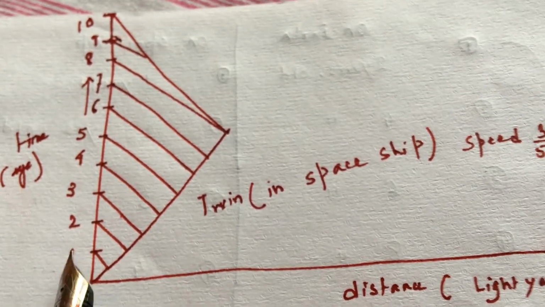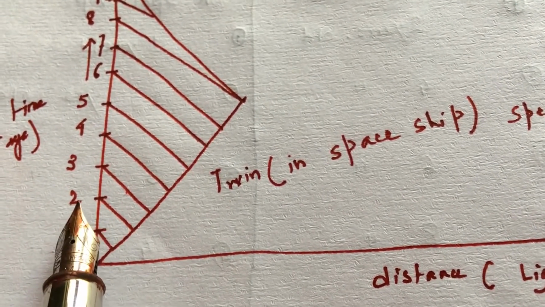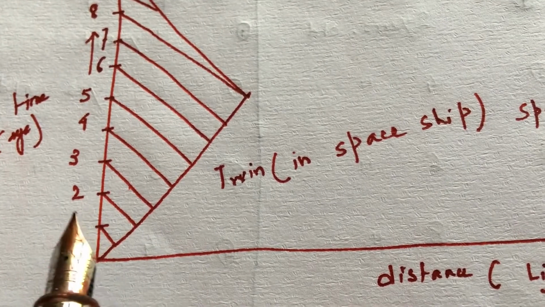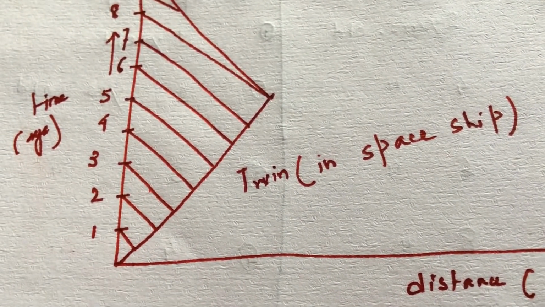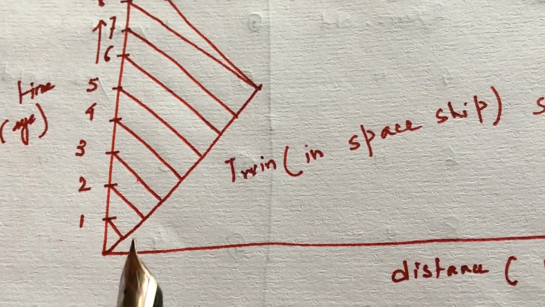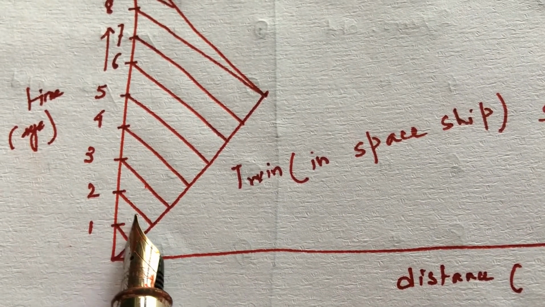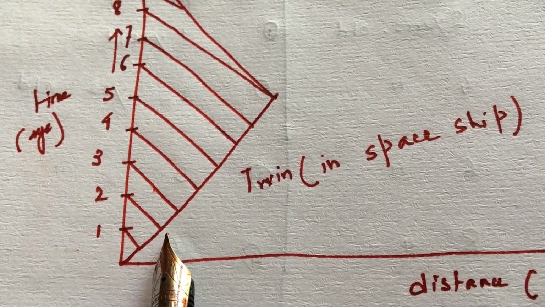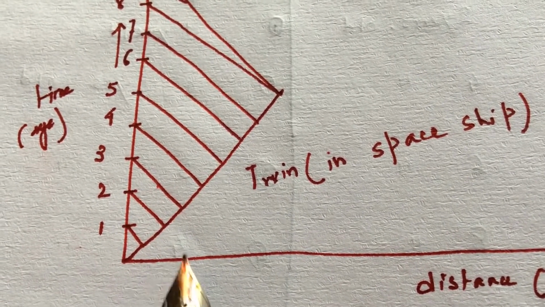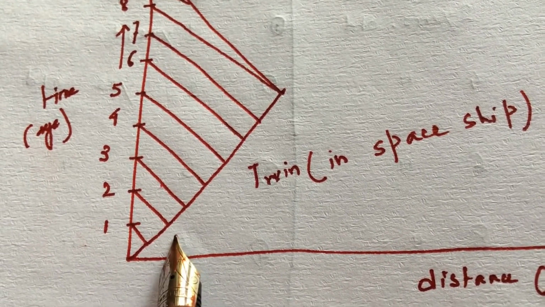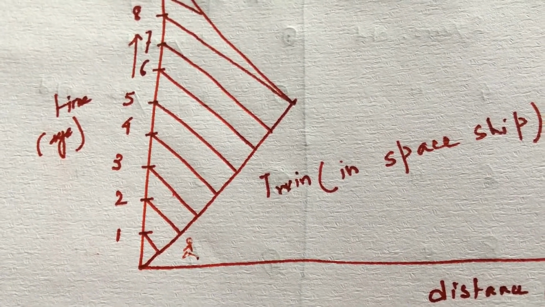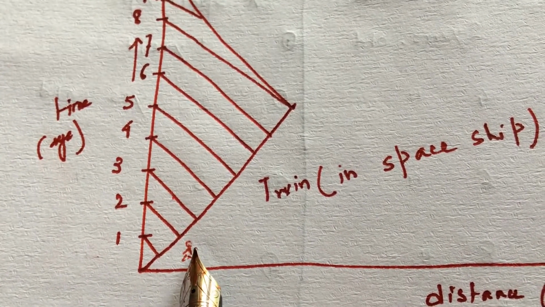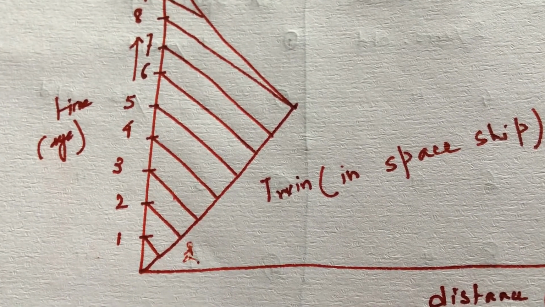Now suppose when the brother or sister is 2 years old on Earth, that twin sends a signal to the twin who is on the spaceship. So here he is. What will be the age of this twin?